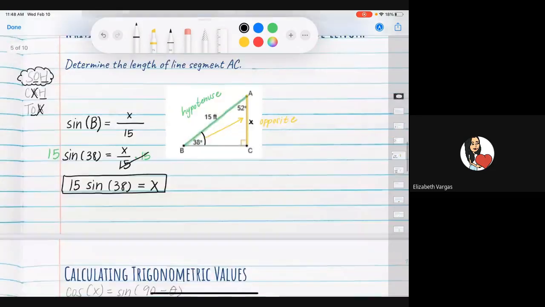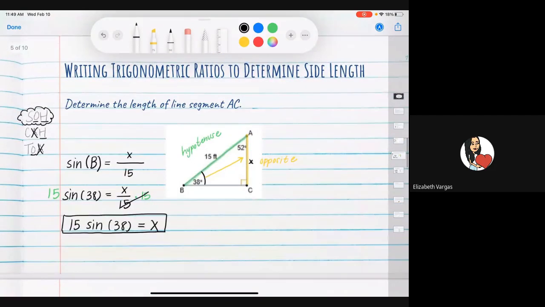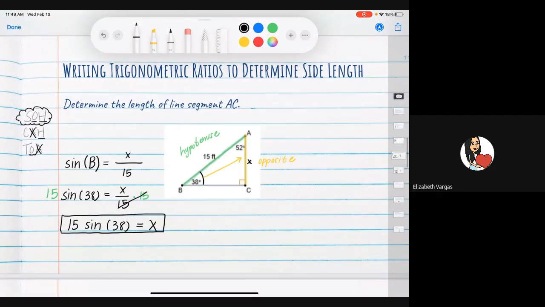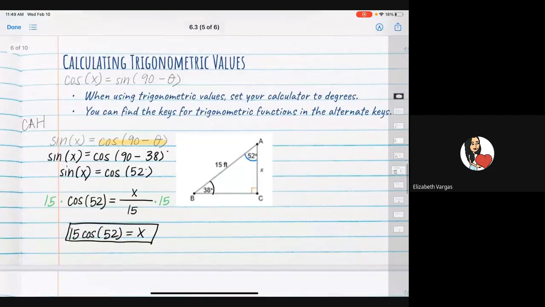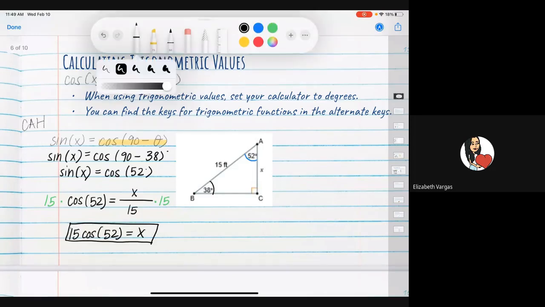So this just shows you that you can use sine if you're using the 38-degree acute angle as your input. Or you can use cos if you're using the other acute angle, which is the 52 degrees. Either way, whenever you plug it into the calculator, what you'll get is that it is equal to approximately 9.2.